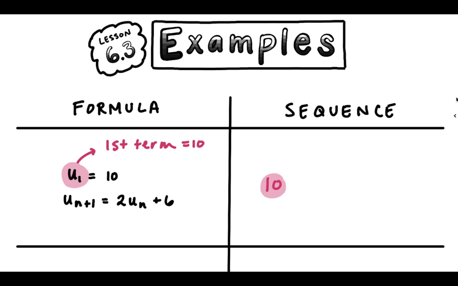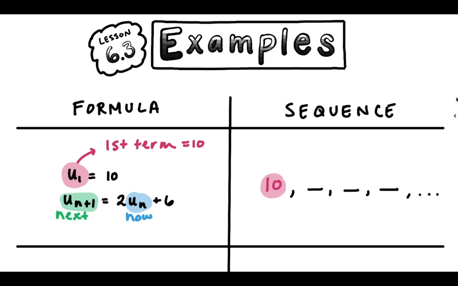Okay, then I want to know, how do I fill in the rest of the sequence? And that's where our rule comes in. So remember that U sub n plus 1, that's our next. And U sub n, that's the now.